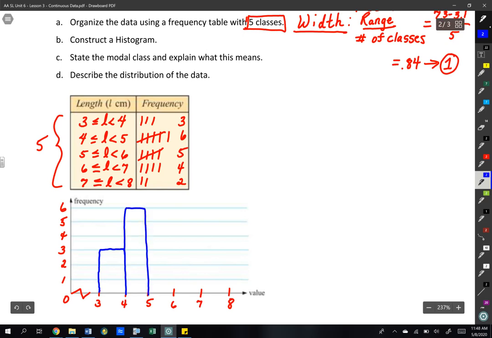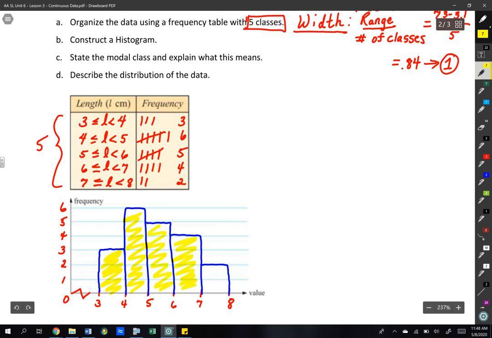From 5 to 6, we're at 5. From 6 to 7, we're at 4. And from 7 to 8, we're at 2. And like I've said in the past, I like to kind of shade in my bars. It makes everything stand out. And it makes me happy.